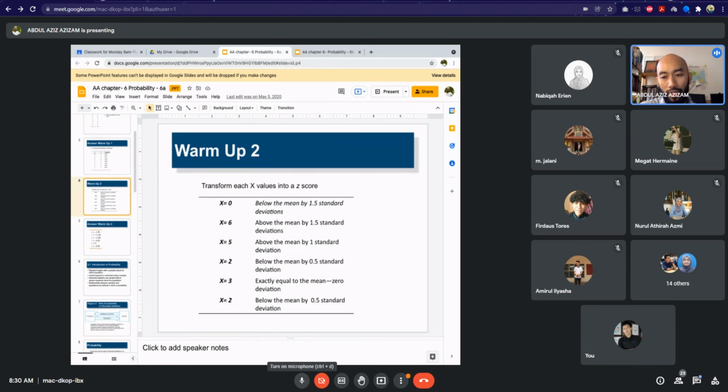If I can refresh you a little bit about the Z-score. If you still remember the Z-score, the mean from the X score is always 0 in the Z-score. That's rule number 1. Rule number 2, the value of the Z-score is equivalent to the standard deviation of the X score.